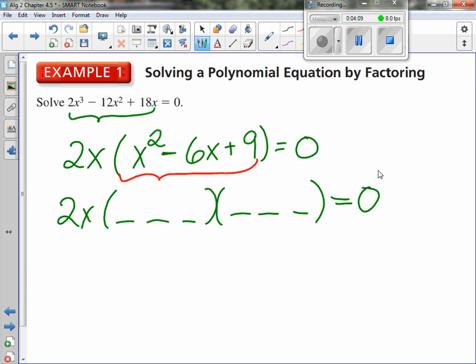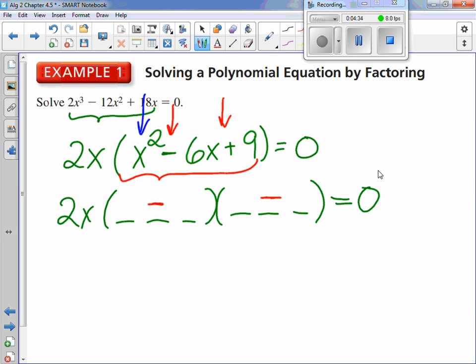The next step would be checking the signs. Since our constant term of 9 is positive, the signs are the same and they match the sign of the middle term, which is negative. So I would have a negative and a negative.